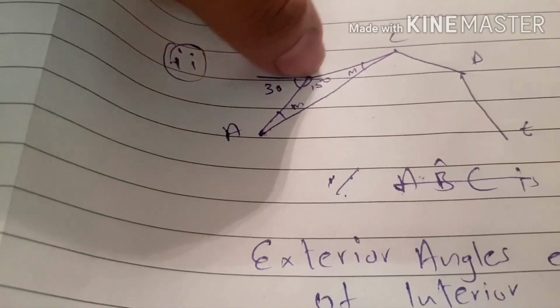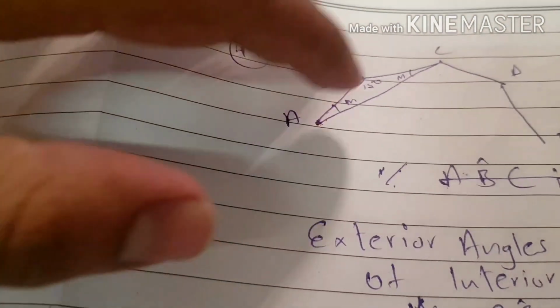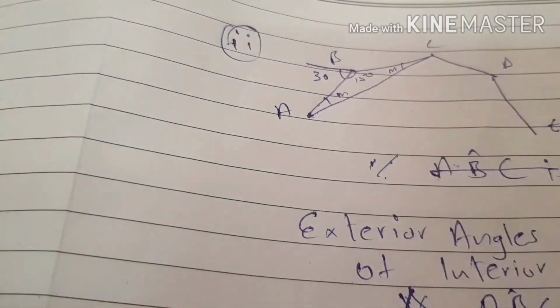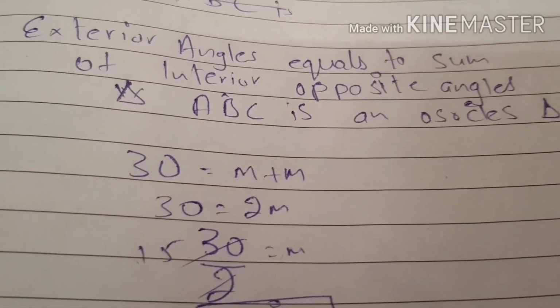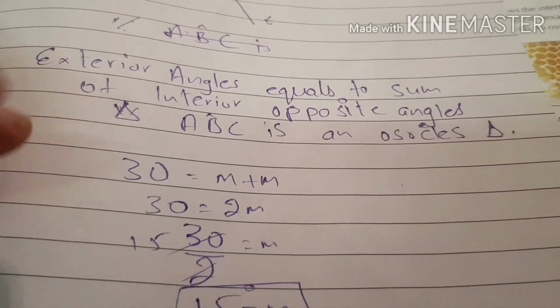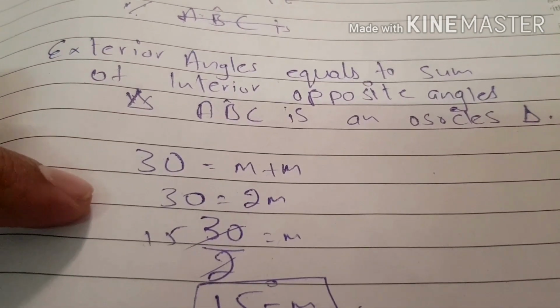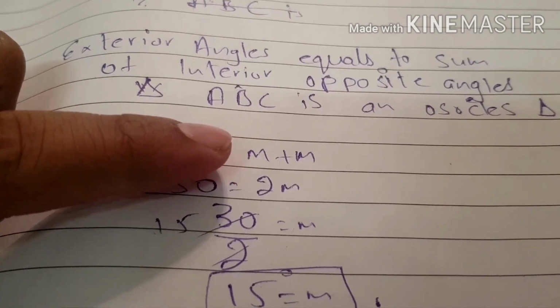And since triangle ABC is an isosceles triangle, these two angles, the values of m, will be the same. So m plus m equals the exterior angle.